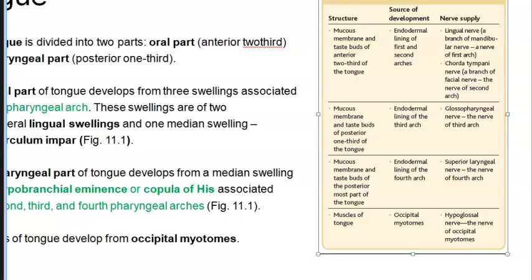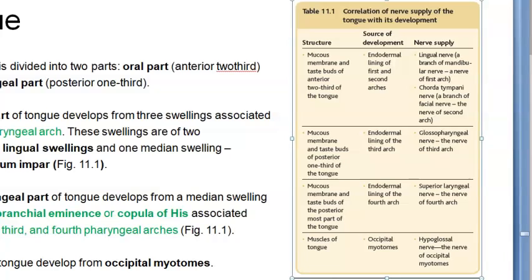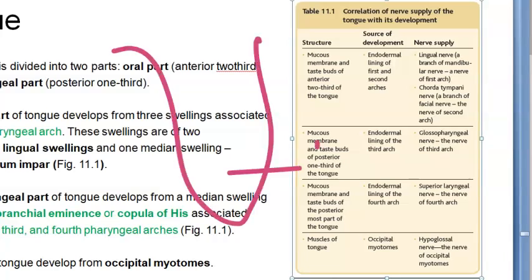Two more nerves to learn here: the lingual nerve, the glossopharyngeal nerve, and the superior laryngeal nerve. Wow, so much to learn. So let us say this. The tongue is here. The front part is supplied by the lingual nerve, which is a branch of the mandibular nerve. Then you have the chorda tympani, which is a branch of the facial nerve.